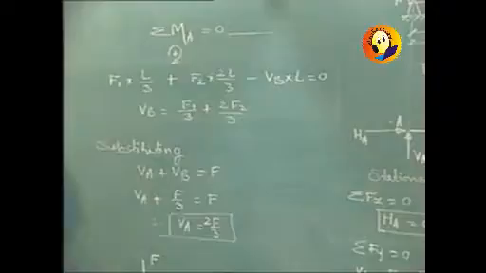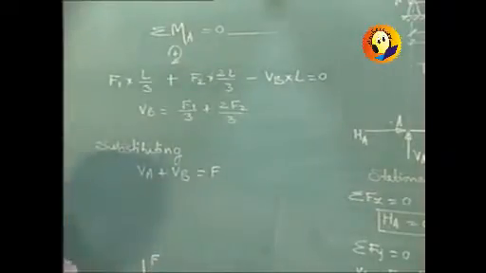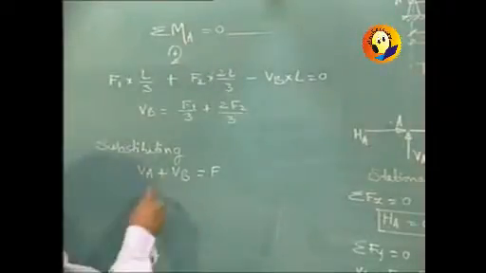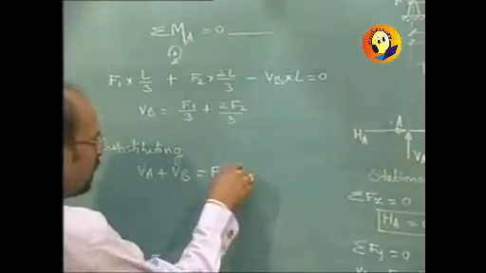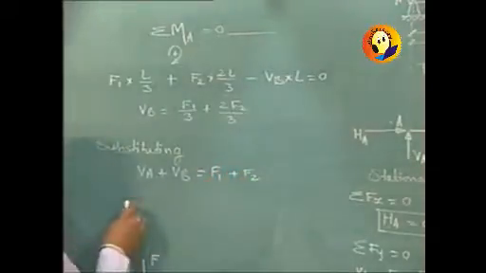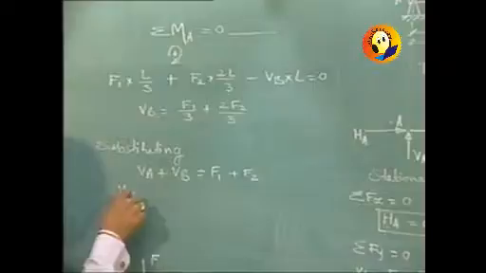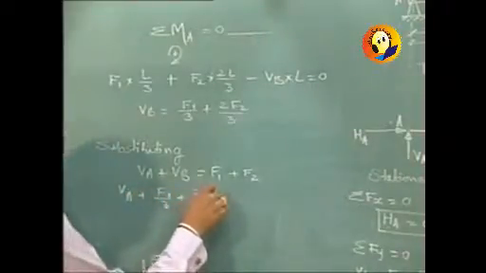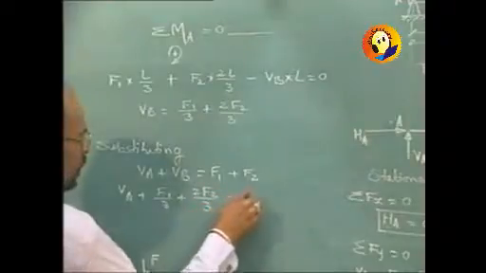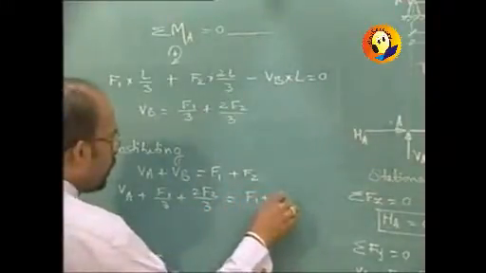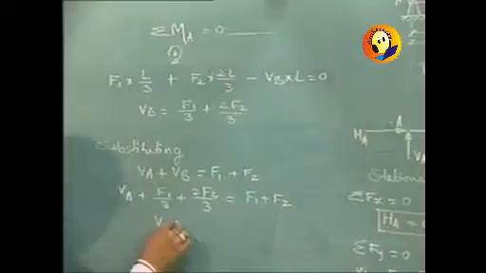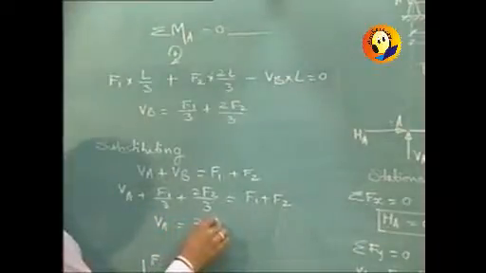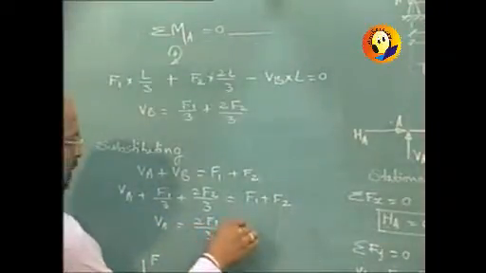This VB can be substituted. We have the equation VA plus VB as F1 plus F2, and when we substitute VB, it will be VA plus F1 by 3 plus 2F2 by 3 equal to F1 plus F2, and so VA will come out to be 2F1 by 3 plus F2 by 3.